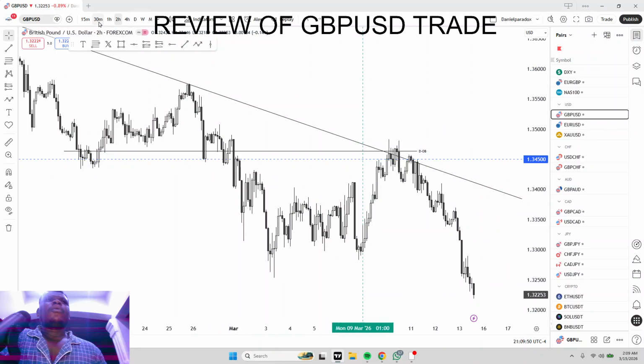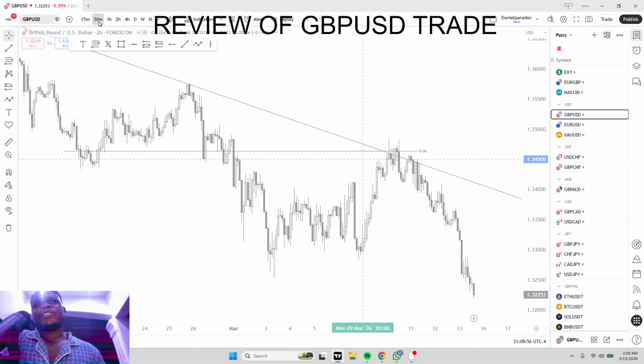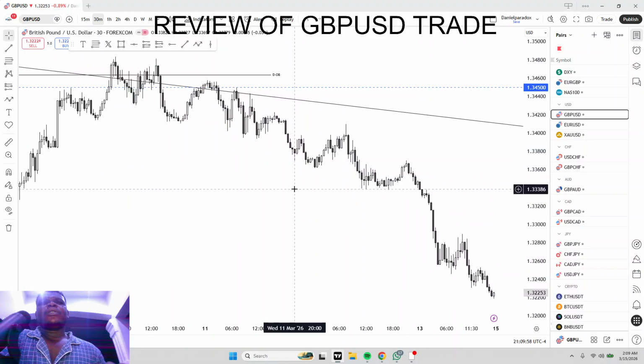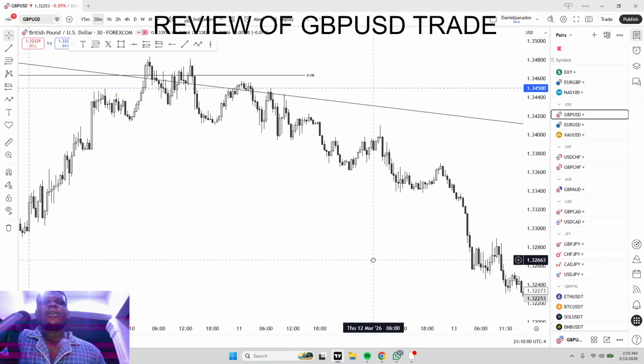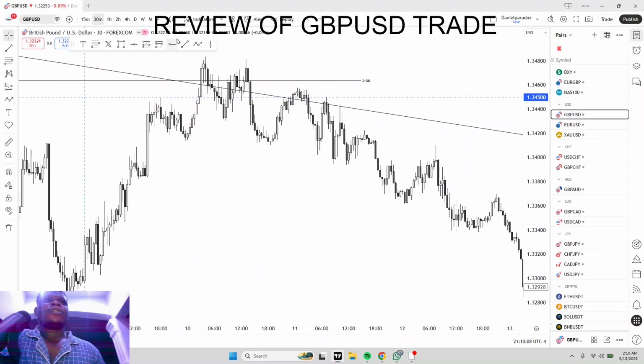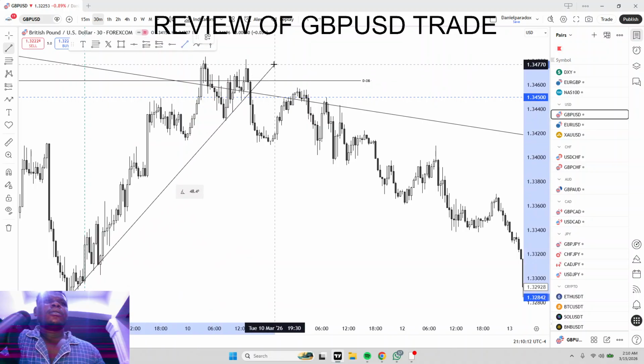So now, the next day, or the second day after my first entry, I was now looking for a setup in line with the trend, which is downtrend. The new trend is downtrend now. Price has broken out of this trend line here. So a new trend has started.